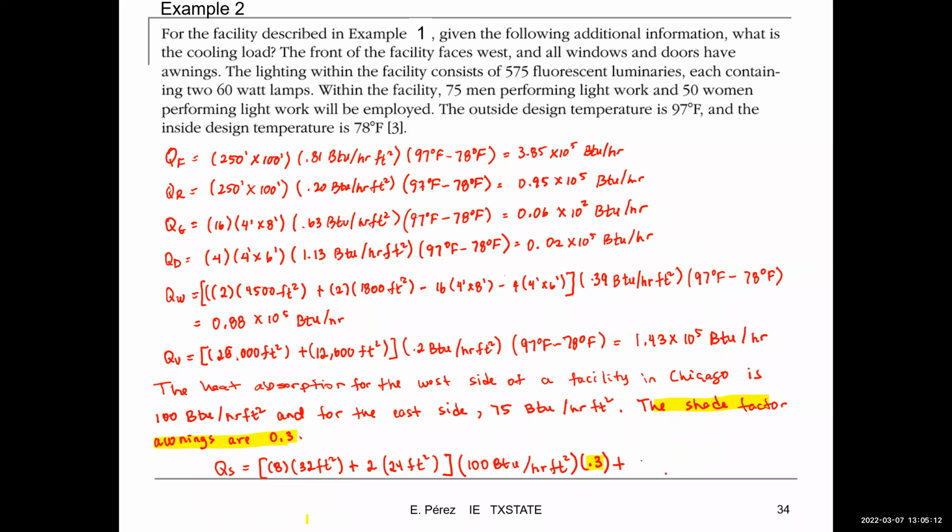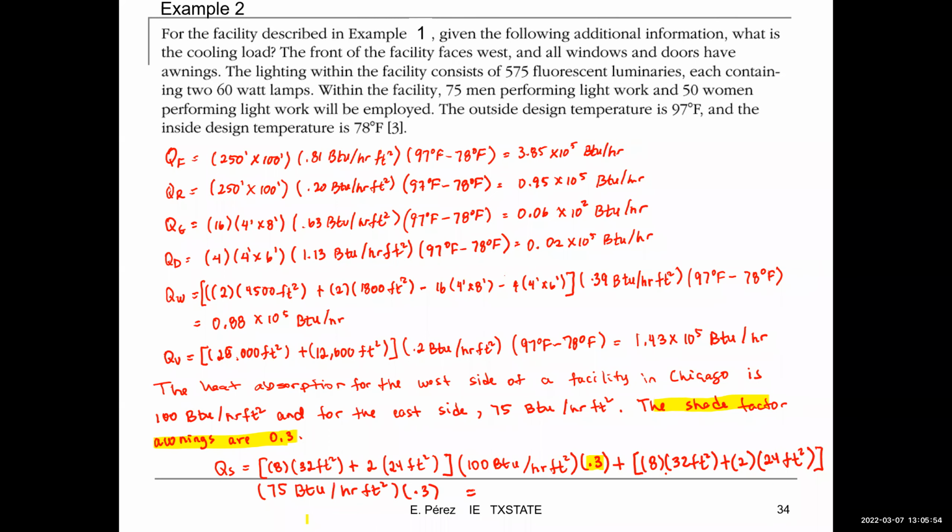Plus the computations for the east side, A times 32 feet square plus 2 times 24, the area of the doors, times the 75 BTUs an hour feet square times 0.3.